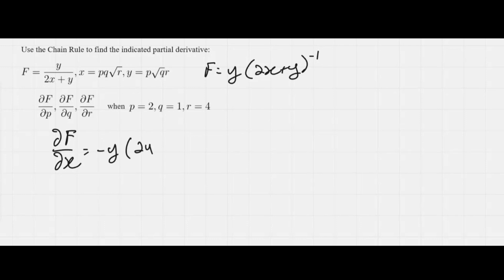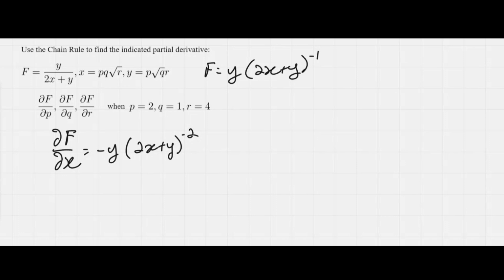So the partial of f with respect to x. Well, we know that the function f can be rewritten as y times (2x plus y) to the power of negative 1. And so del f over del x is going to be equal to, using power rule, we bring down the negative 1, so we have negative y times (2x plus y), I wrote that incorrectly, it's to the power of negative 2.